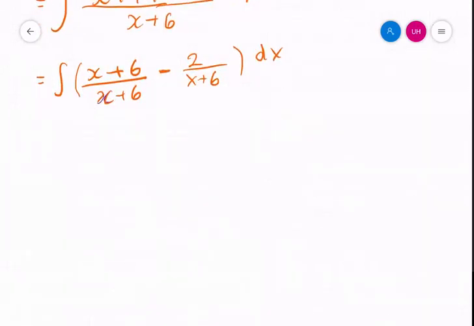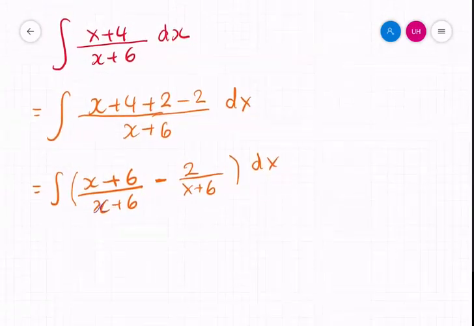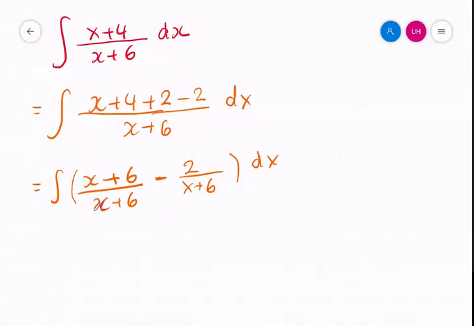Miss, I didn't understand. Which step? The first, the red one is the question. The first step here, we just want to make it the same as the bottom, like x plus 6.